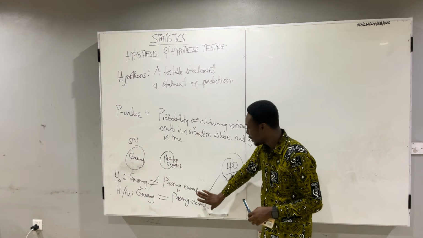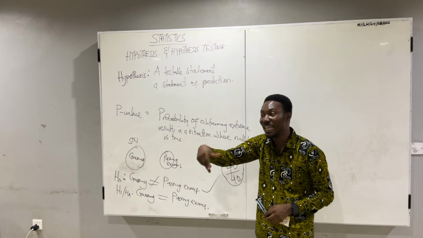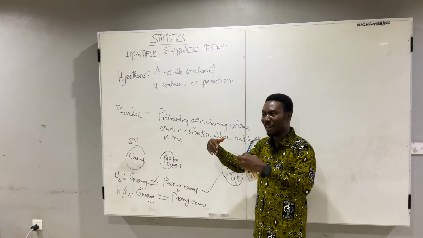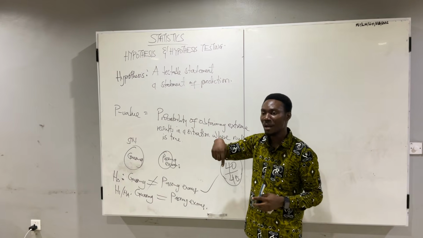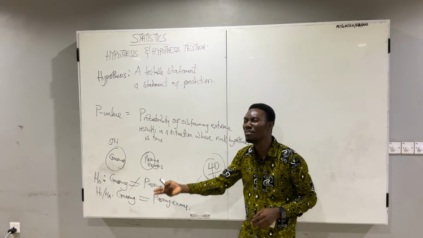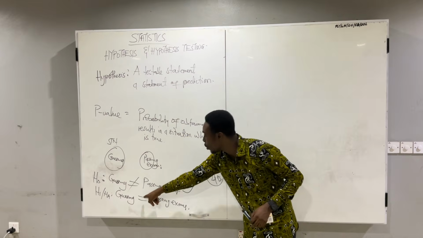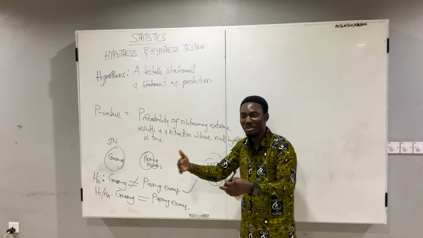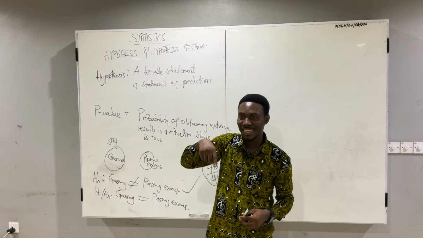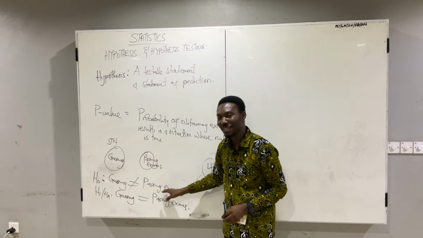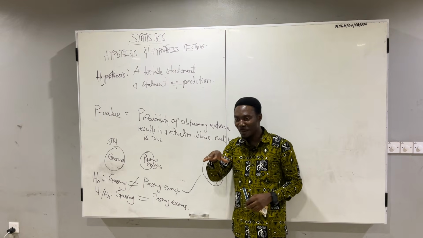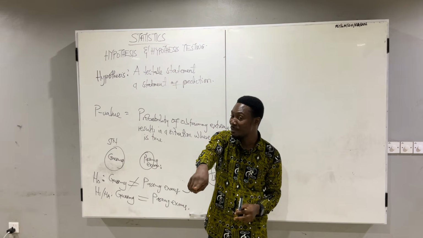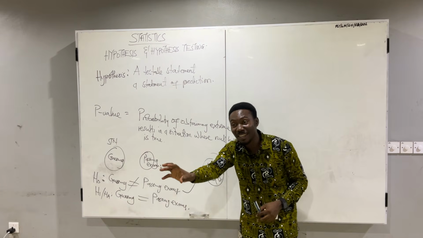And this event is actually disproving the fact that the null hypothesis is true. So in a situation where the null hypothesis is actually true, but someone obtains an extreme result that is supporting the alternative hypothesis, that probability, the probability that someone will obtain an extreme result in a situation where the null hypothesis is true, or the probability that someone obtains an extreme result to support the alternative hypothesis in a situation where the null is actually true.